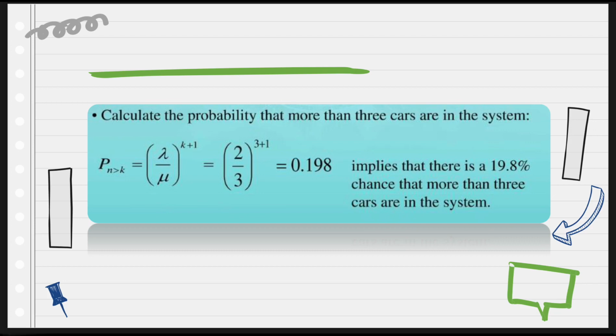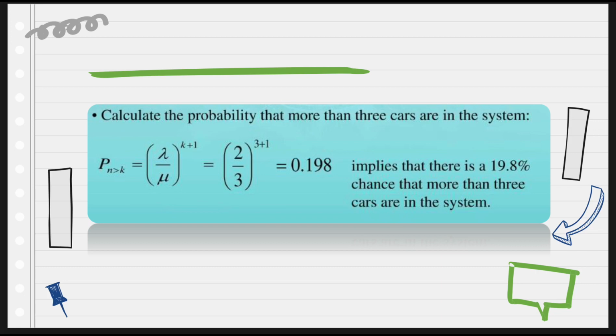Pero, if gusto natin ng mas madali, we just need to substitute all the variables sa given formula, which is yung P sub N is greater than K. So, to calculate that, we just need to substitute, then the outcome will be 0.198. So, this implies that there is a 19.8% chance that more than 3 cars are in the system.